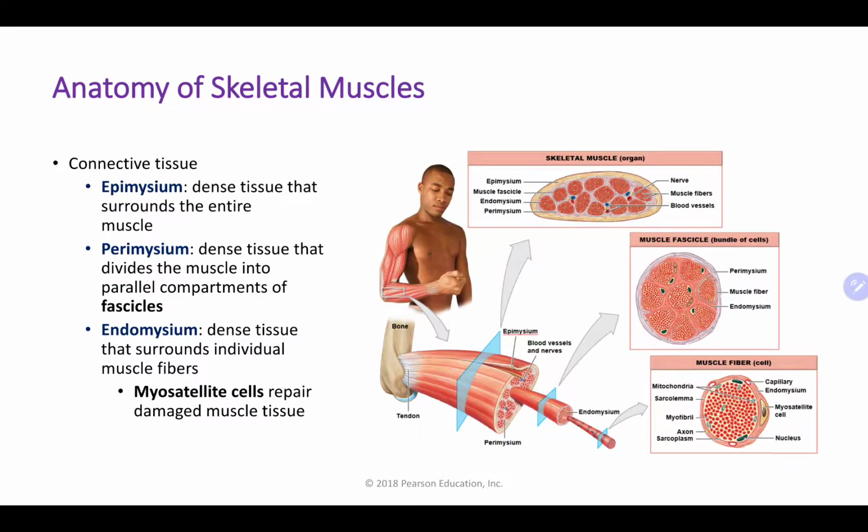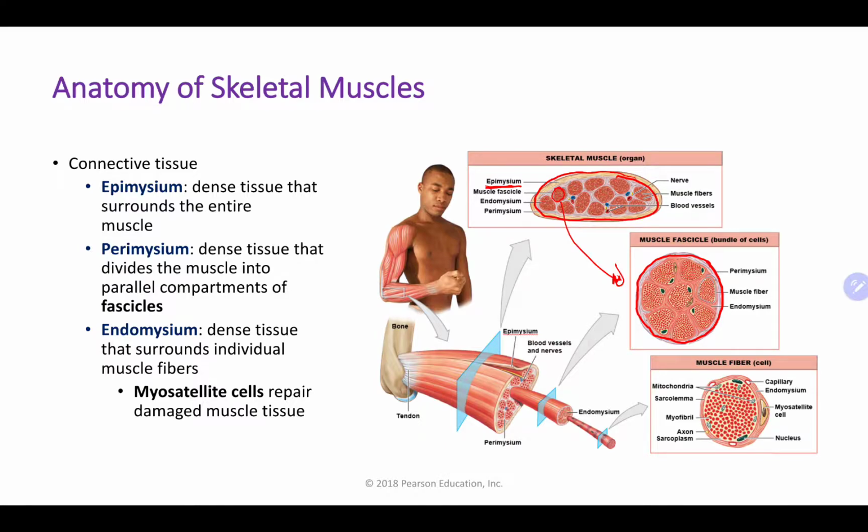Remember this, okay? When we're looking at a skeletal muscle, the organ, the connective tissue that surrounds the whole muscle organ is the epimysium. When we go inside this muscle organ, we take out a muscle fascicle. A muscle fascicle is simply a bundle of cells.